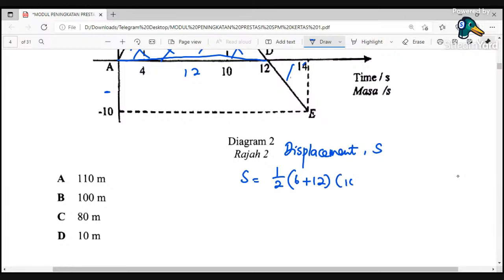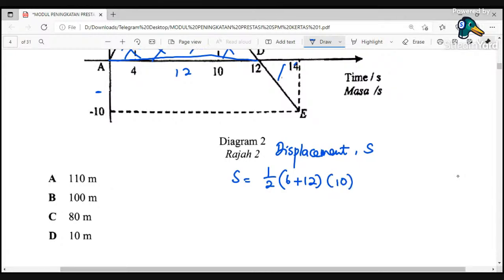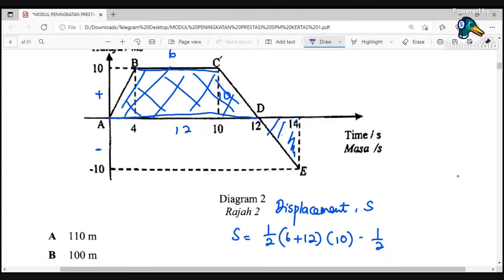That one is the positive part. Okay, minus the negative part. This triangle, this one. This triangle. So half times 12 to 4 is 2. This is also 10. Okay.